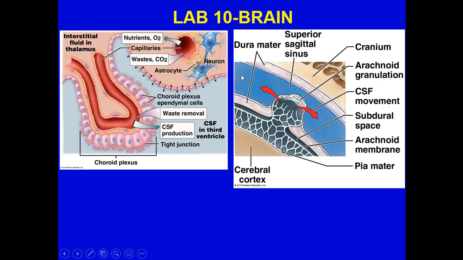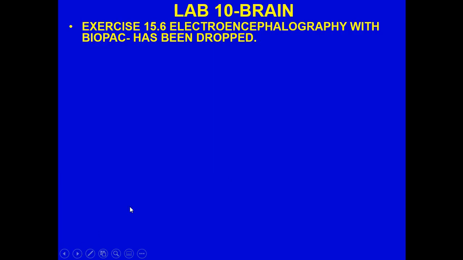Even though you've got venous flow coming through here, this flow is going to be greater and it will seep out back into the venous blood, okay? Pia mater's here, cerebral cortex. You have this subdural space here, and all this fluid is going to just leak out. Nothing comes back in. That's what I want you to be aware of.